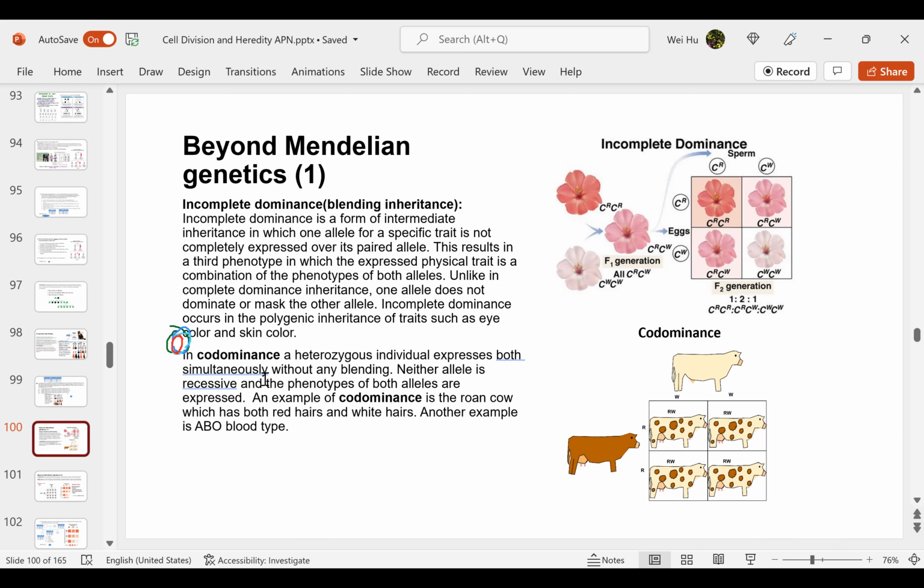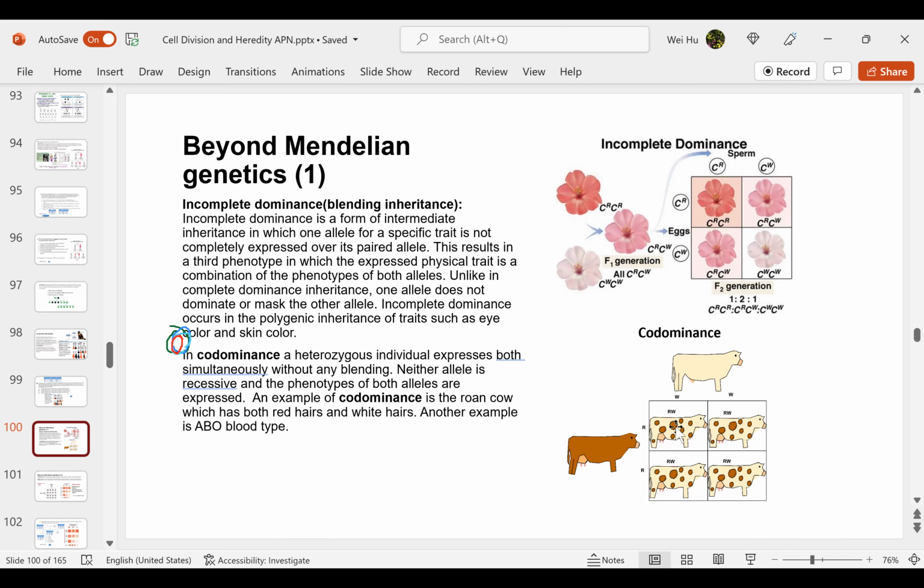Another one is called codominance. This is another example. You get a white cow mixed with a brown cow, so the offspring has both colors, white and brown. You do not have a new color. No new color appears.